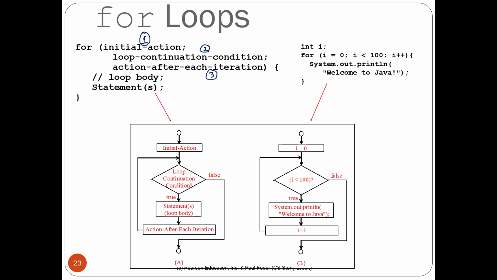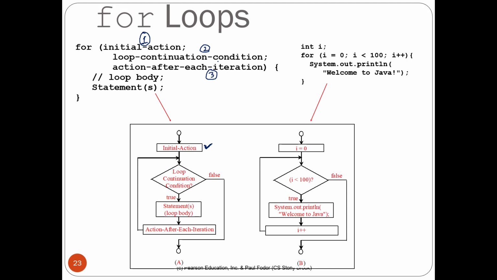So let's look at the order in which these 3 statements in the for and the body are executed in a typical for loop. The initial action is taken first. After the initial action has been taken, you check the condition. You check whether you are allowed to enter the loop or not.